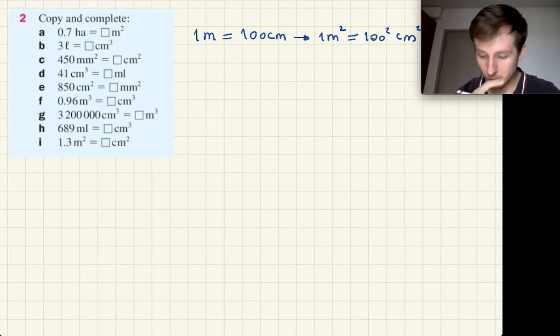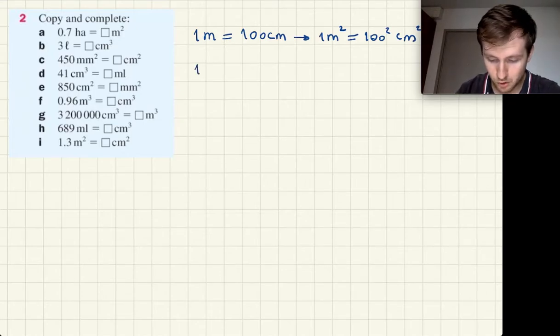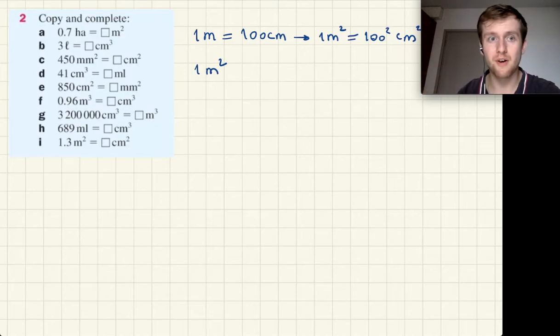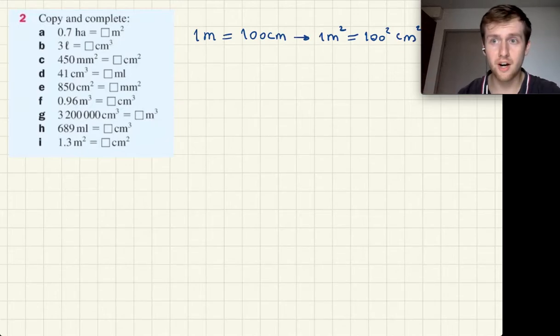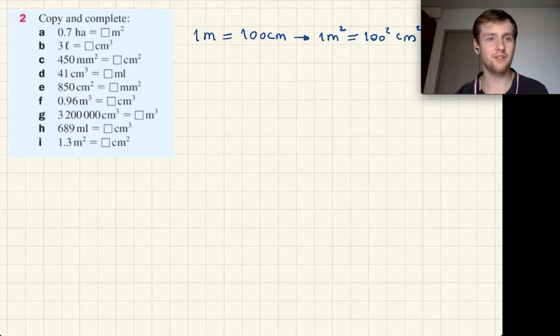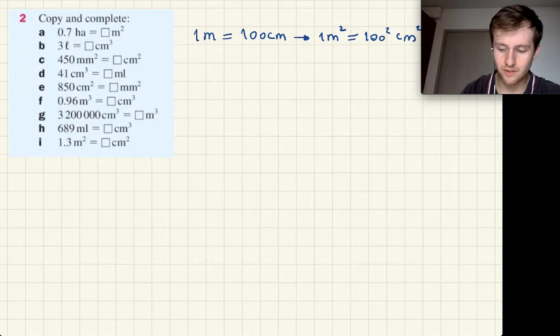So what does this mean for you? It means that you can do the conversion. You don't have to remember all these area conversions, except for one, which is hectares to meters squared, to the square meters. This one is something you have to remember.